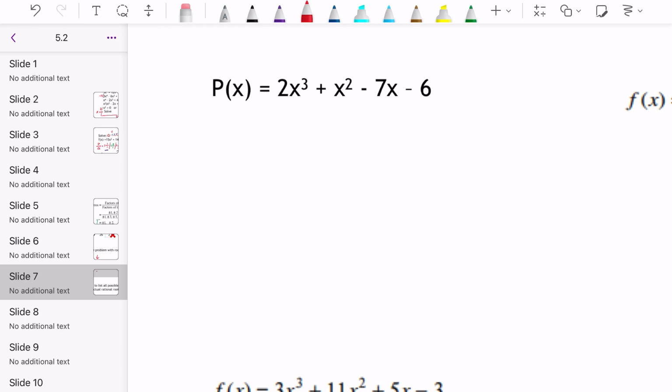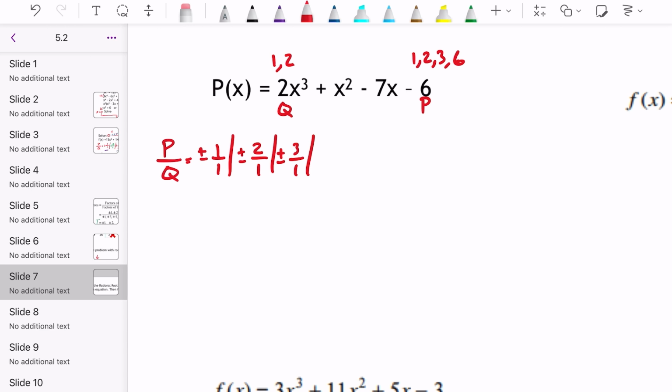Here we have our P and our Q. In this case, this would be 1 and 2 for Q. We have 1, 2, 3, and 6 for our P. We go ahead and set P over Q. This would give us a positive negative 1 over 1, positive negative 2 over 1, positive negative 3 over 1, positive negative 6 over 1.